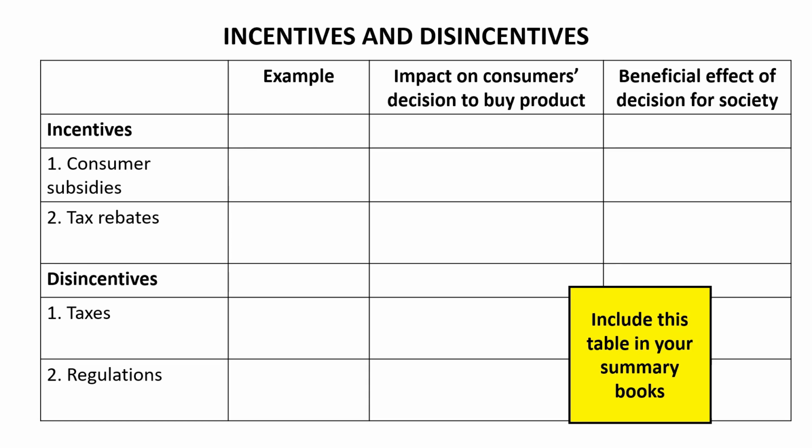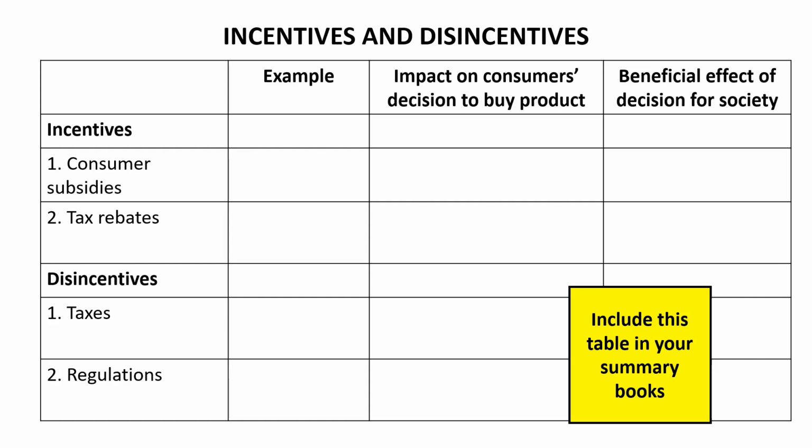Well, that brings us to the end of this video. As a result of watching and taking notes on this video, you should now be able to do two things. First, you should be able to explain the factors that affect consumer behaviour according to the traditional economic viewpoint.